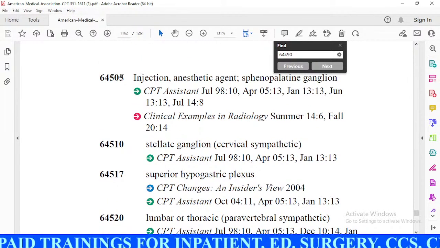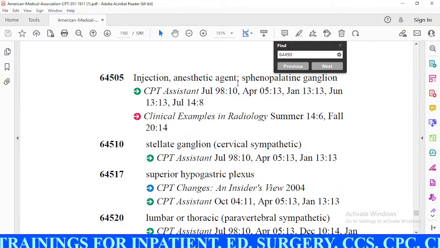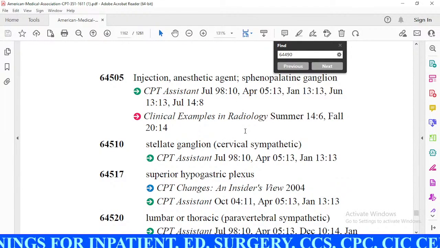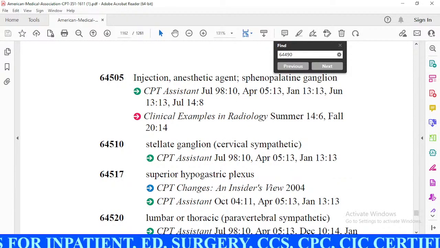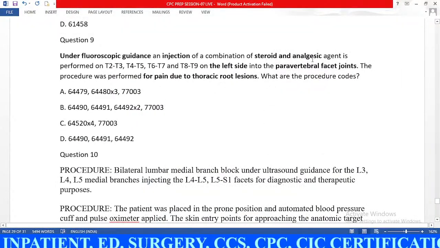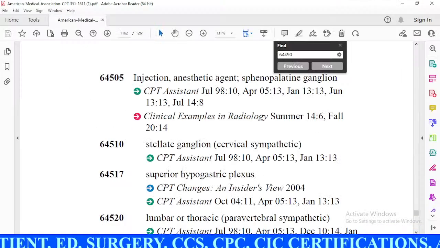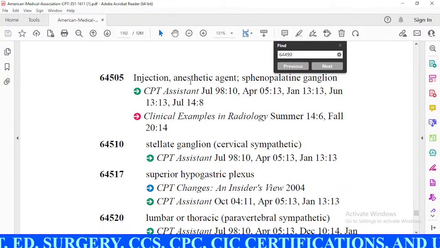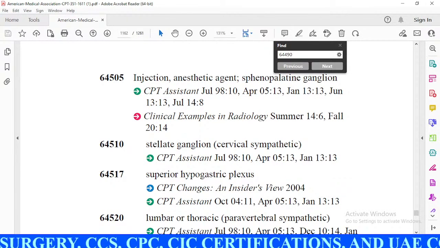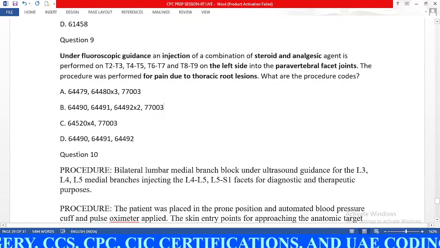What is 64505? Injection of an anesthetic agent, not a pain management agent. Our pain management agent here is steroid and analgesic, but based on this code description, it is an anesthetic agent. So we can directly eliminate 64505.